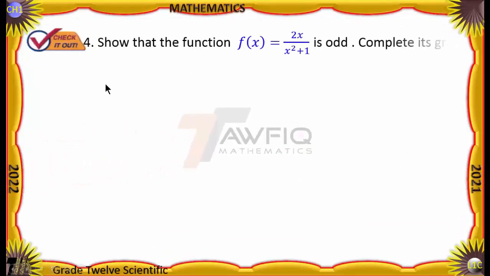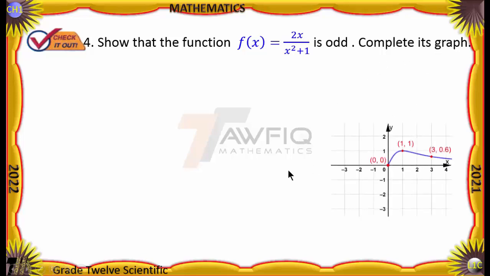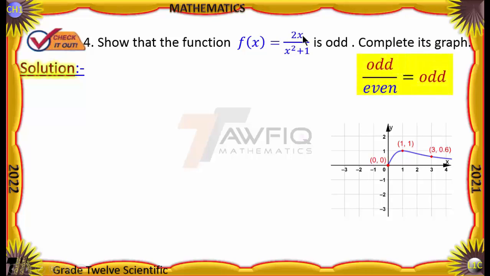Check it out. Show that the function f(x) equals 2x over x squared plus 1 is odd, and complete its graph. Solution. As you can see, we have 2x, which is an odd function, and x squared plus 1 is an even function. Odd divided by even is an odd function.